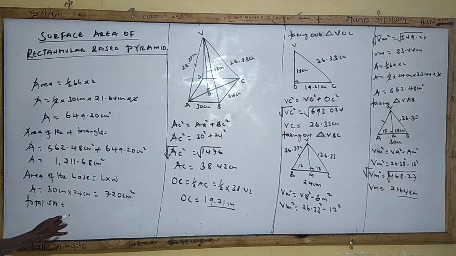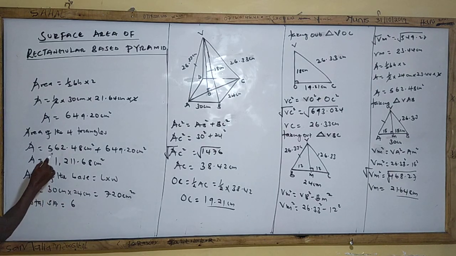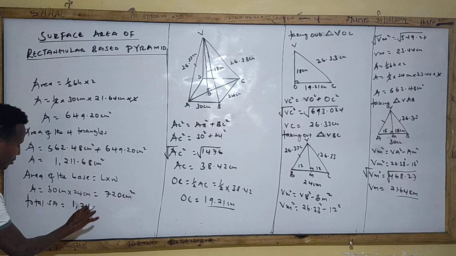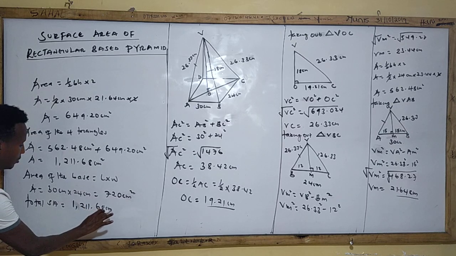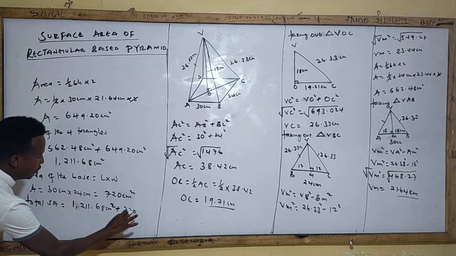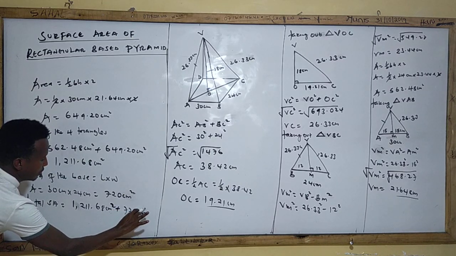Total surface area will be, add now, 1211.68 centimeter squared plus 720 centimeter squared.